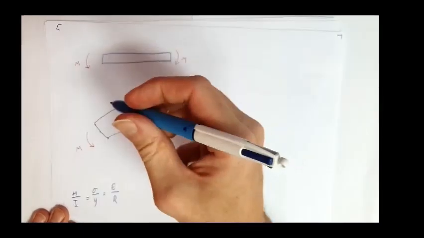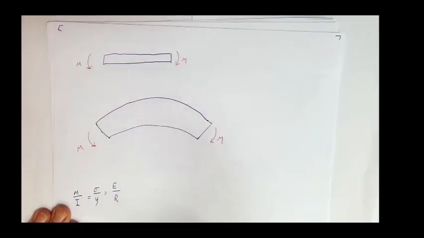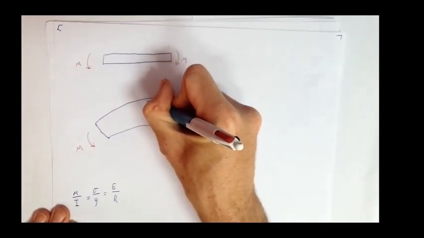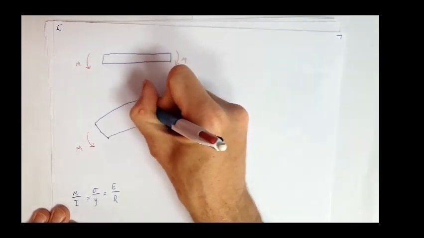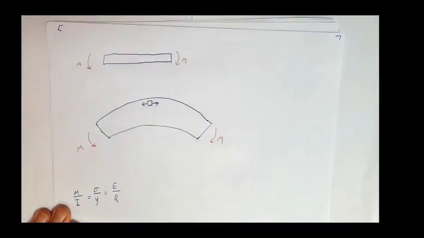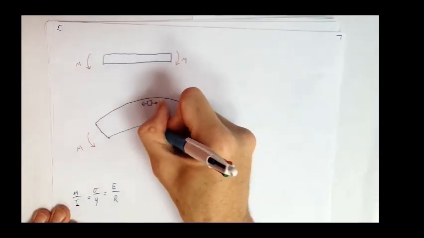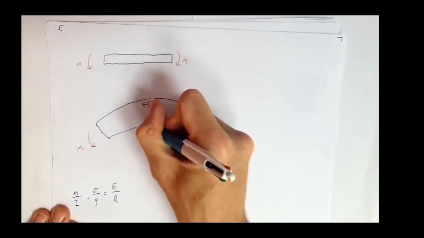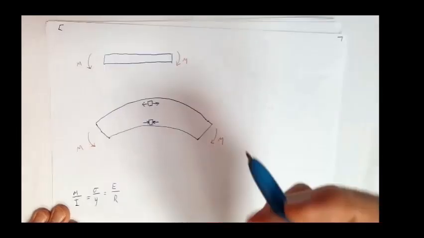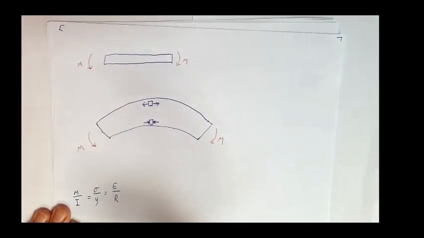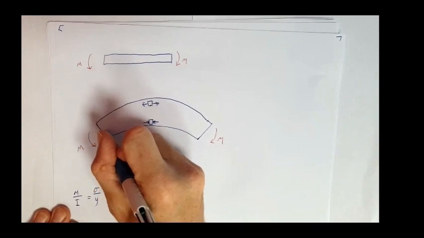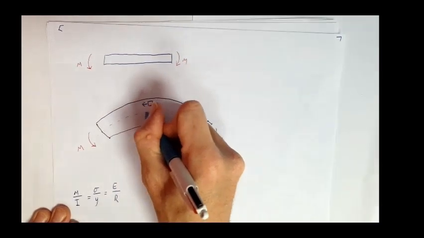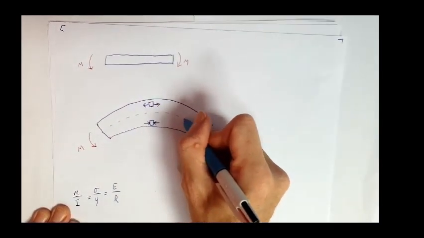Okay, so if we consider a small section on the top of the beam, let's consider this piece of material here. It's being loaded in tension. We consider a small section on the bottom of the beam. It's being loaded in compression. If we consider what is known as the neutral axis, the bit which runs through the middle, that is in neither tension nor compression.